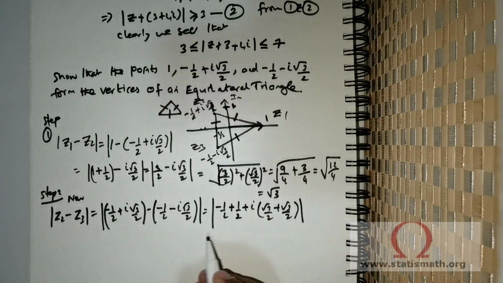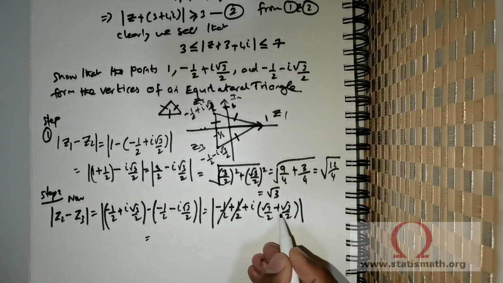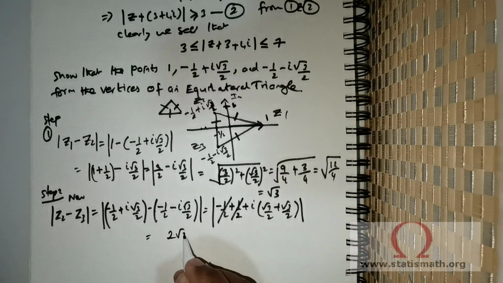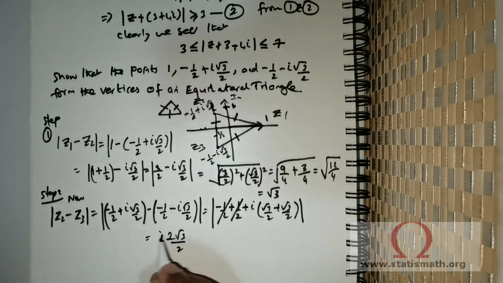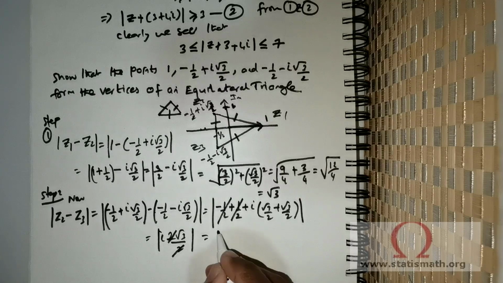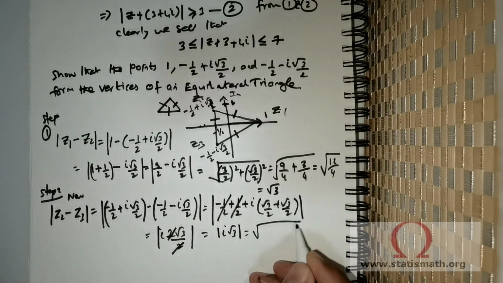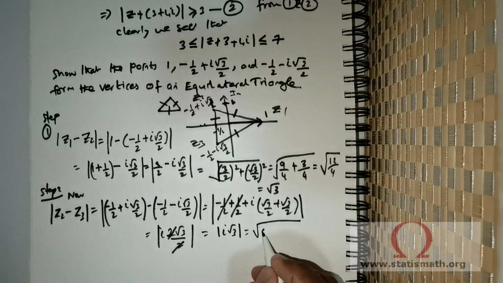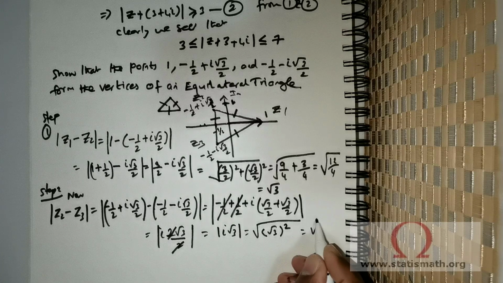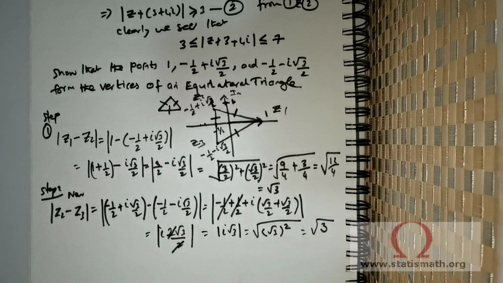So this is what we get. Now clearly the negative and positive cancel. This is going to be 2 root 3 divided by 2 with the i there, and we need to take the modulus of that. So the 2 gets cancelled. You get the modulus of i times root 3. If you do the modulus, you get the root of 3 squared, and the square root cancels, giving me root 3.